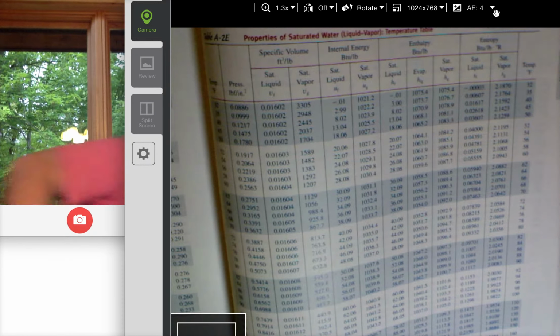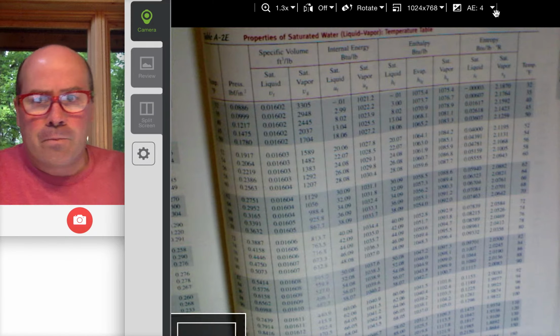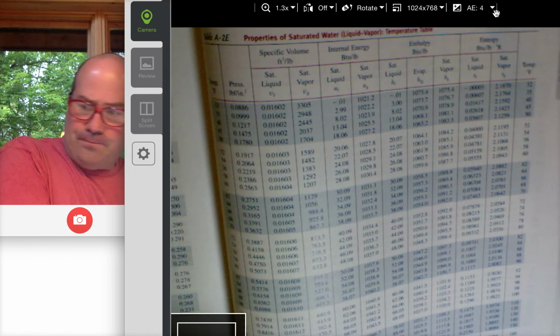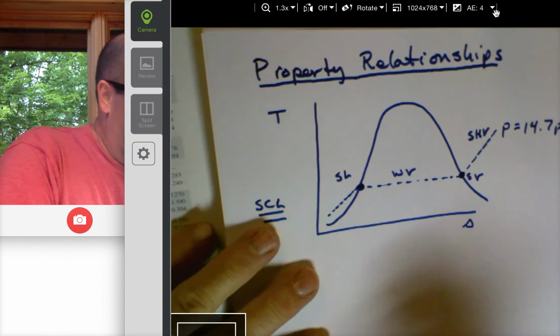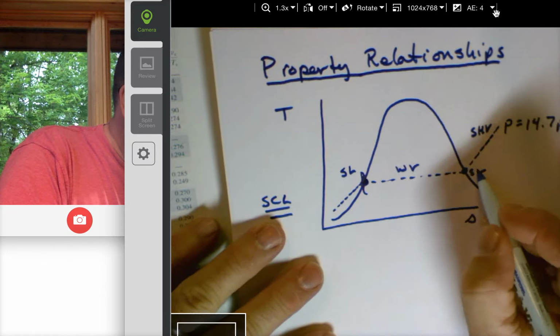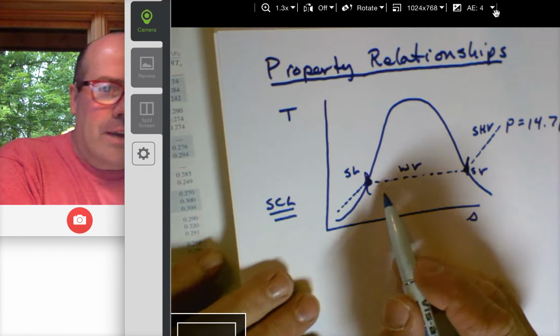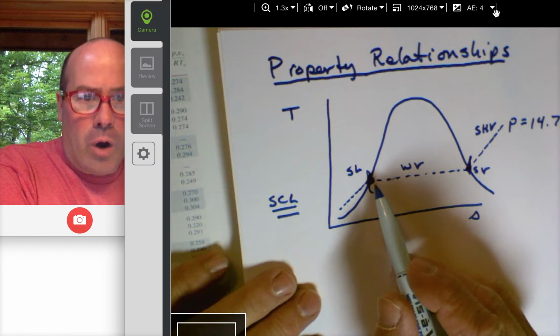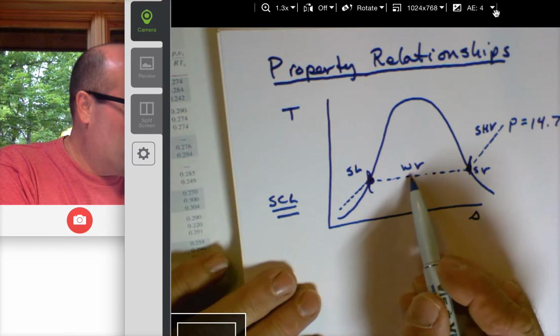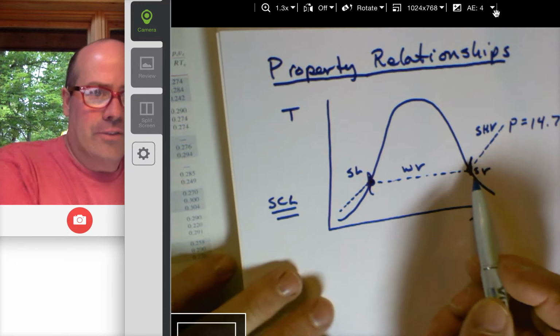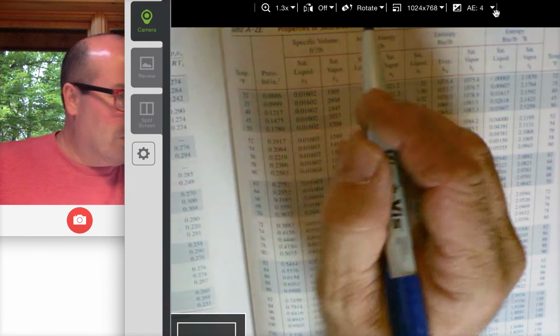So that means it's going to work for us everywhere from here to there. We have saturated water from liquid through the wet vapor all the way to the saturated vapor. So that's the first thing.